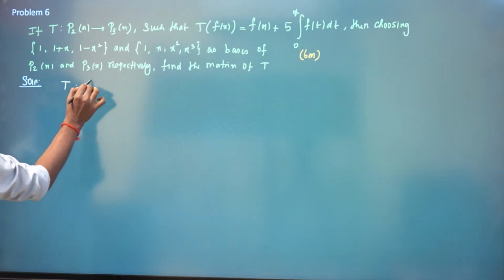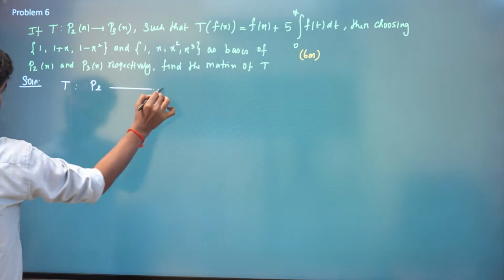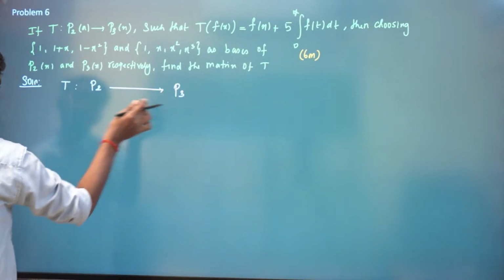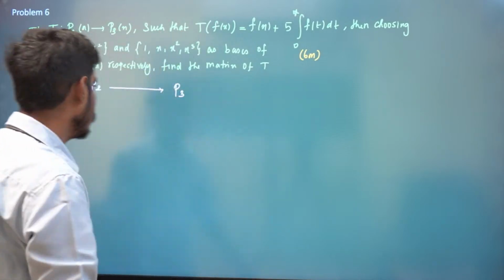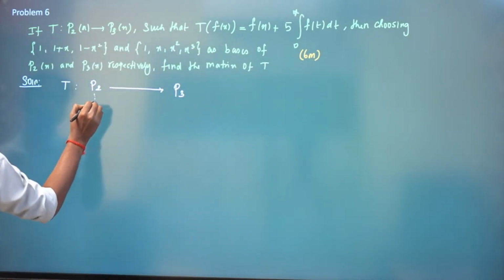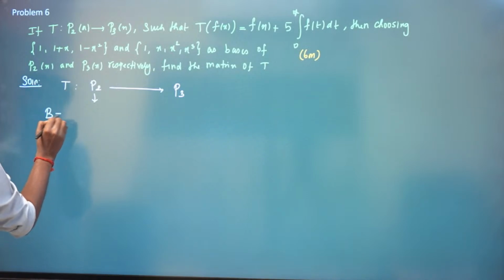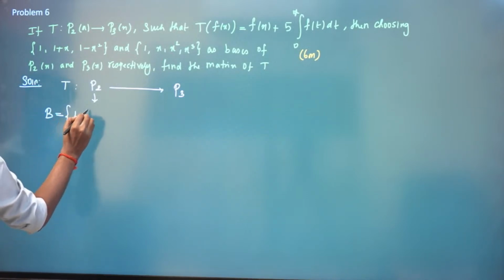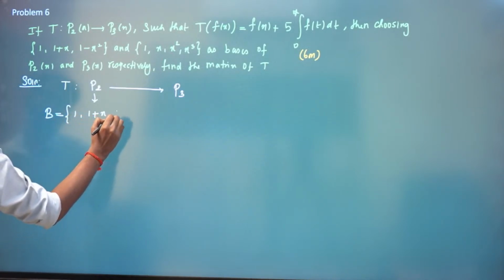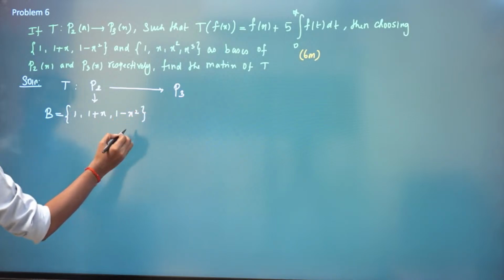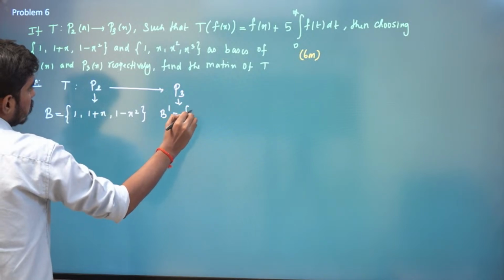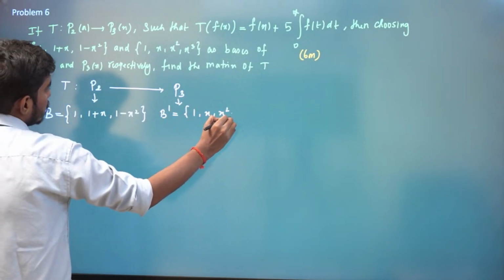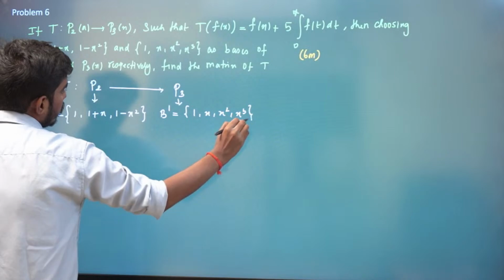So T is a map from P2 to P3. So set of all polynomials of degree at most 2, set of all polynomials of degree at most 3. So this basis is given by 1, 1 plus x, 1 minus x square, and this basis, let us call this B dash, is 1, x, x square, x cube, right?